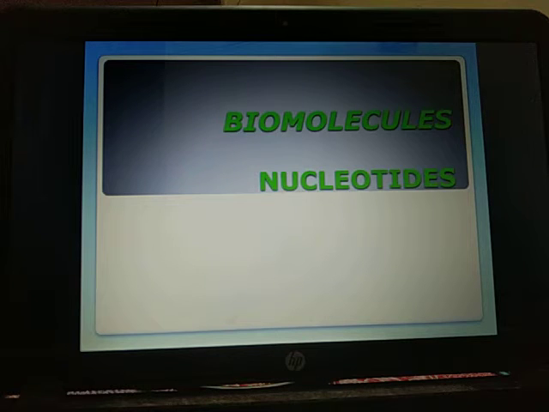On the basis of the pentose sugar present, nucleotides are distinguished into ribonucleotides, that is ribotides, and deoxyribonucleotides or deoxyribotides. Being phosphorylated forms of nucleoside, they are also called nucleoside phosphates.